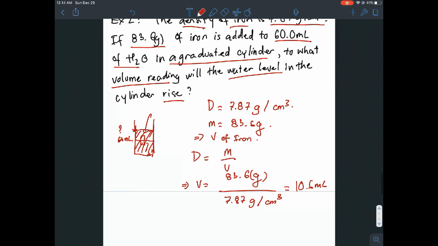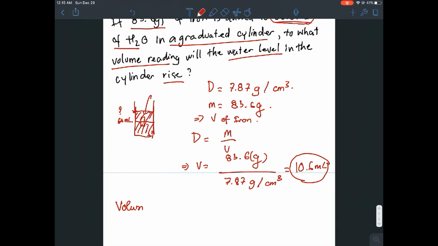We have the volume of the water is 60.0 milliliter, and we have the volume of the iron as well, that is 10.6 milliliter.